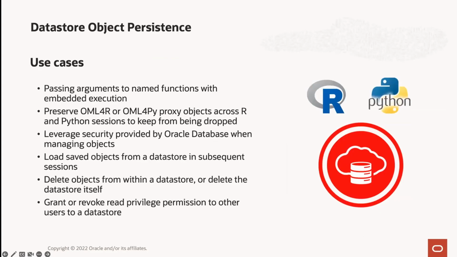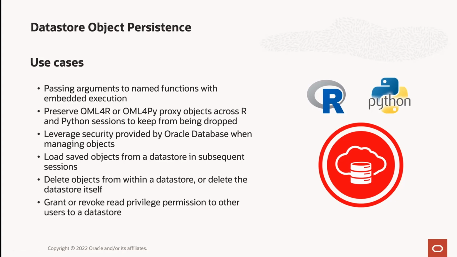So let's cover some quick use cases while interacting with the Oracle Machine Learning datastore. Some use cases include passing arguments to named user-defined functions with embedded execution, preserving OML4R or OML4Py proxy objects across R and Python sessions to keep them from being dropped.